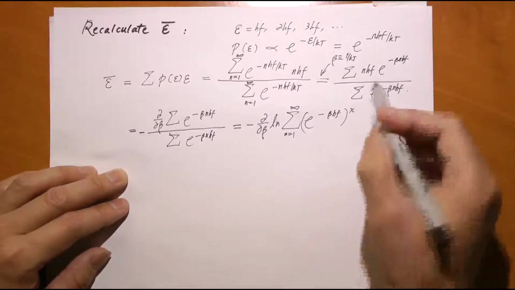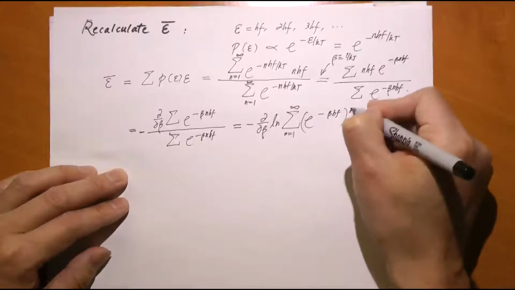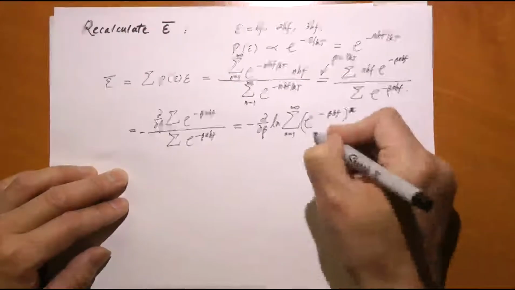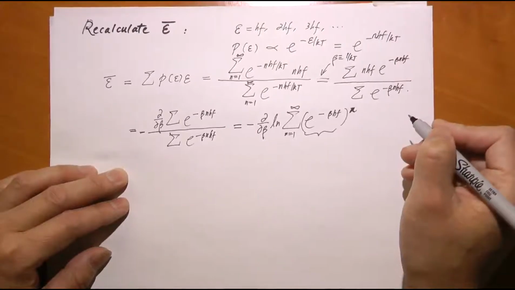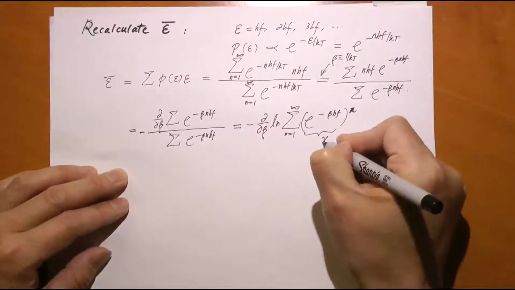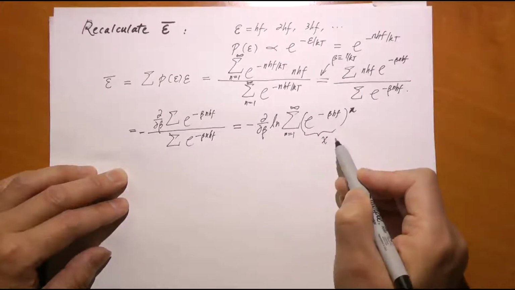All we have to do now is to sum over this. e to the negative beta hf, then it's to the power n. Now this whole thing here is a number. We call it x. And this x, as you know, is less than 1 because it is e to the power of something negative. So it's less than 1.